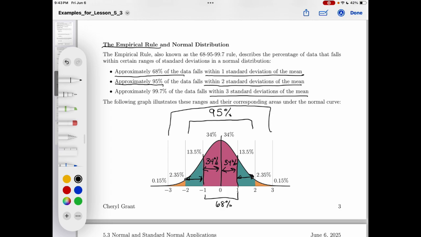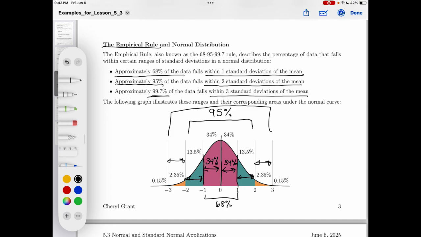If you go out another standard deviation in either direction, so out this way, that is 99.7% of the data. And then when you split it up, from -3 to -2 is 2.35%, and from 2 to 3 is 2.35%. So when you add up all of those areas between -3 and +3, you get that 99.7.